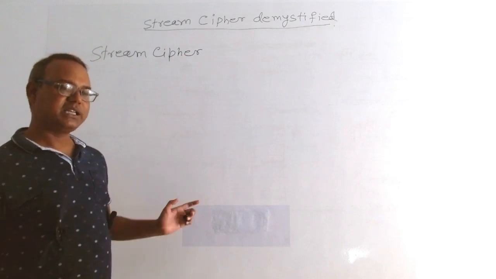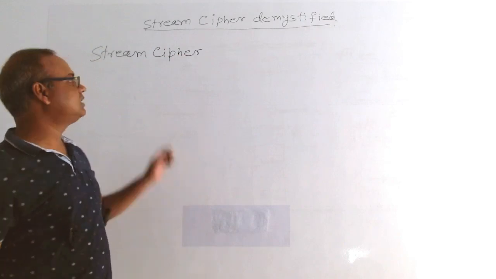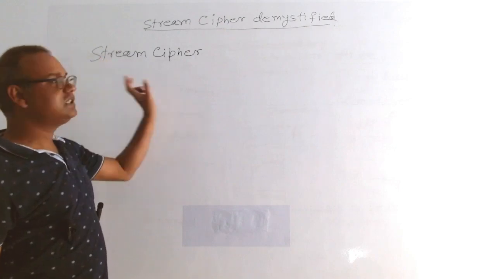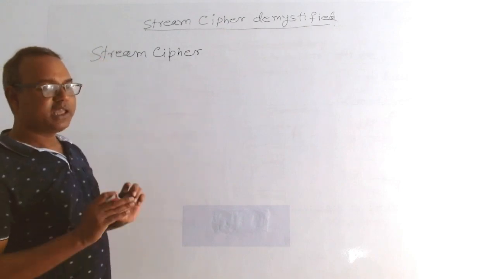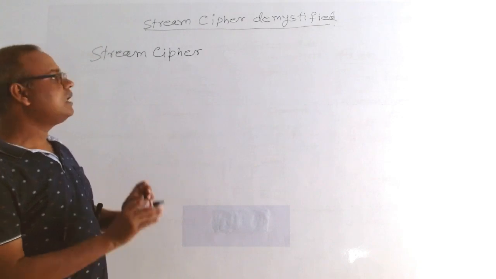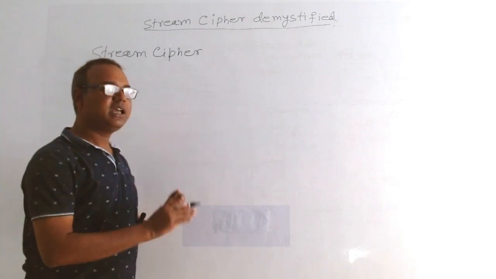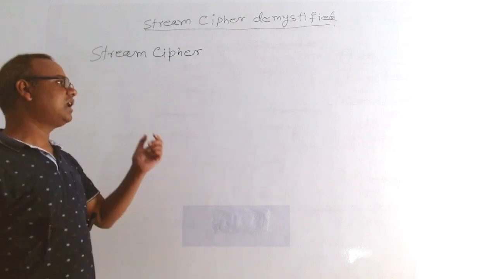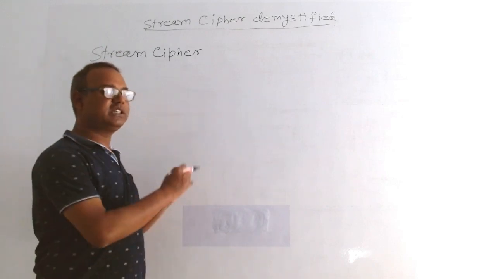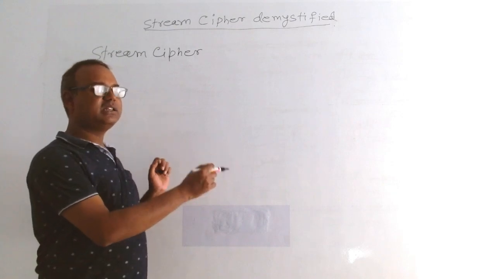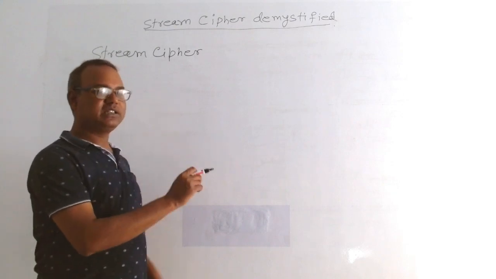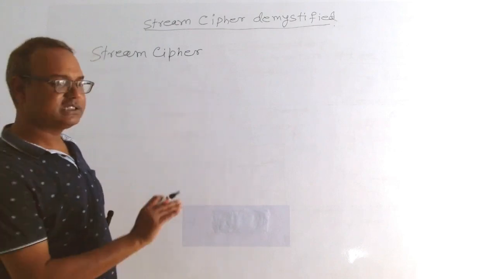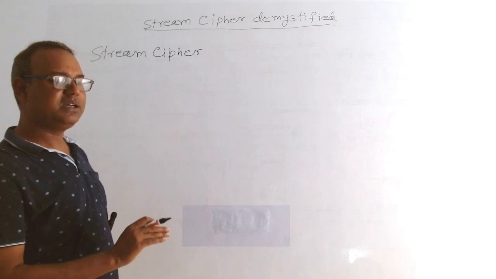It may be of arbitrary length, that is a stream of message, and we have to encrypt that message from the sender's end, and we will decrypt the message at the receiver's end. And it is assumed that both sender and receiver have the common secret key shared from the beginning, by means of some other technique.